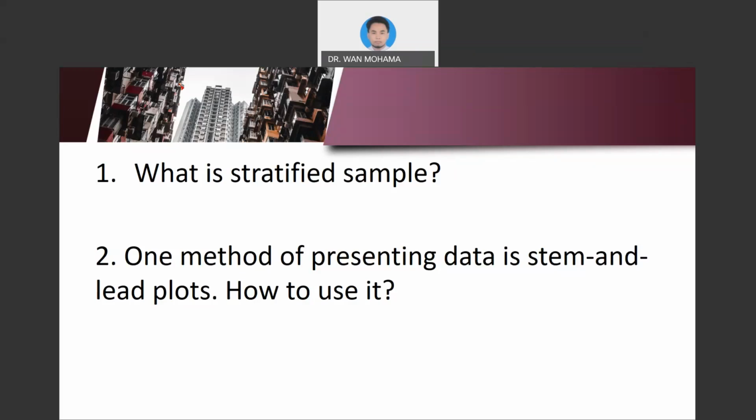One method of presenting data is the stem and leaf plot. How to use it? The stem and leaf plot is actually an approach to detect outliers. An outlier is data that is not necessary, not important. It can affect the result, because when we do the analysis, we have to make sure the result obtained can be trusted.